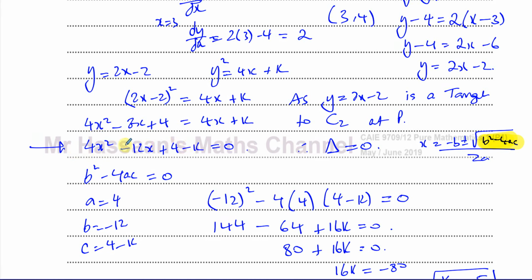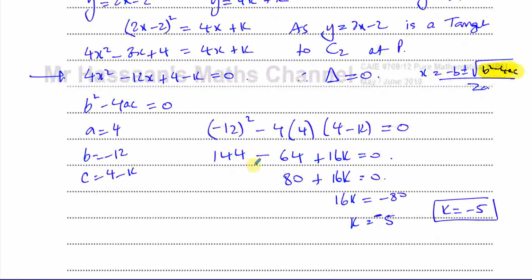This will tell us what the x values are of where these two intersect, because we solved these two simultaneously and we ended up with this. So now we know k is negative 5.